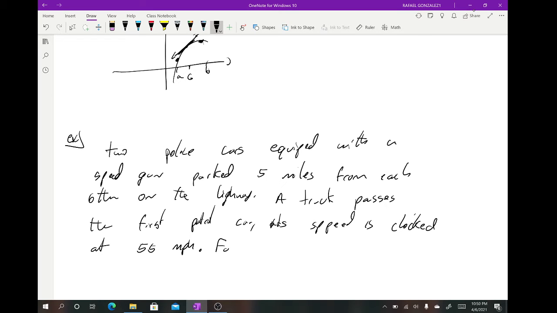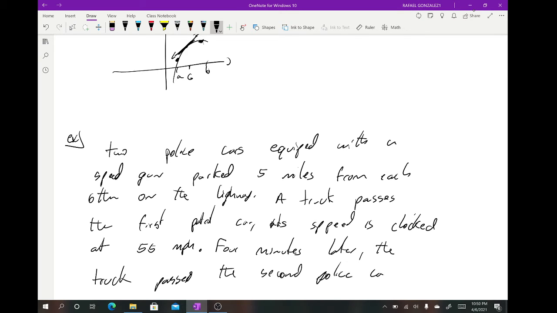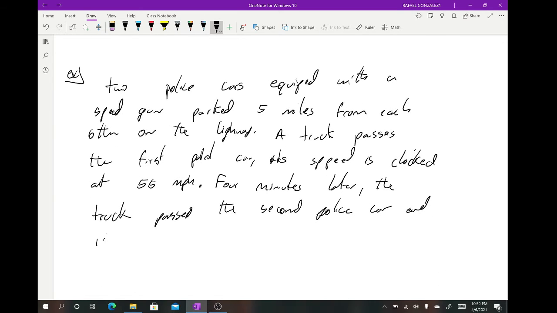Now, 4 minutes later, the truck passes the second police car and its speed is clocked at 50 miles per hour.